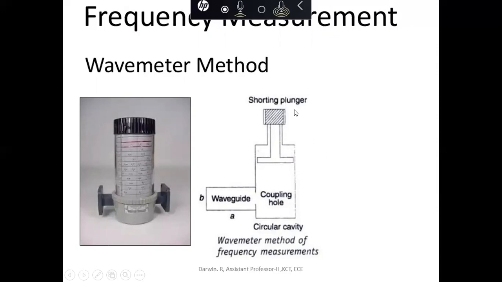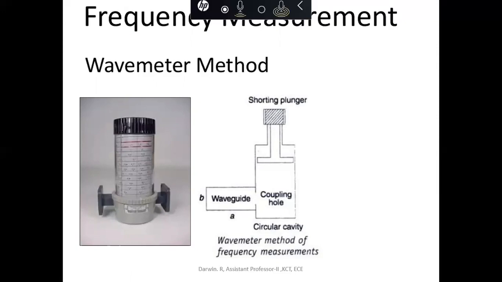If you move this short circuit plunger, the resonant cavity dimension will change and the resonant frequency will also change. For an X band meter, the range will be from 8 to 12, so the resonant frequency of the cavity will vary from 8 to 12.